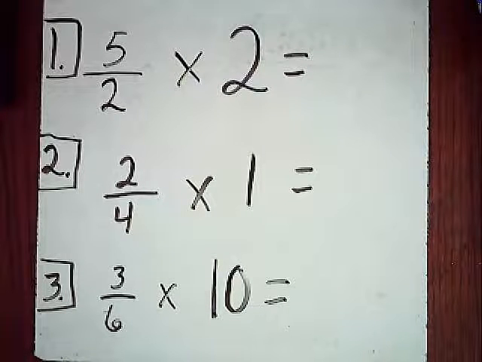Number 2 is 2/4 times 1. And number 3 is a little trickier because our whole number is a double-digit whole number. 3/6 times 10. Please take a few minutes to try and work this on your own, and then we will go over them together using the standard method. Please remember to practice using the standard method.